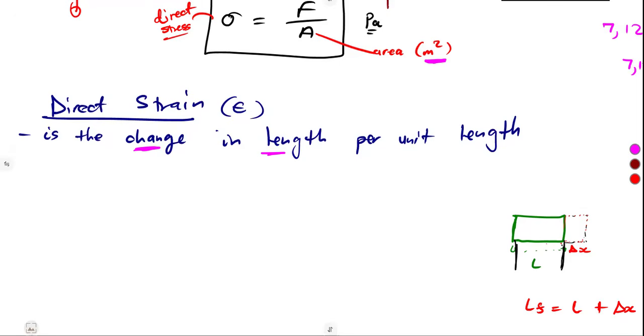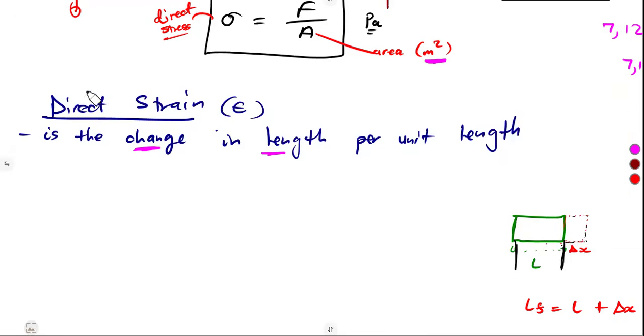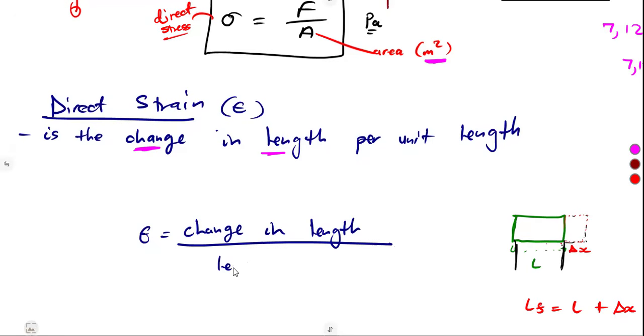That's the concept. So anyways, guys, this is another part. Here we want to consider the direct strain. The direct strain, as it is given on the formula, is change in length per, meaning over, what? Per unit length. It simply means per that length that you're given.